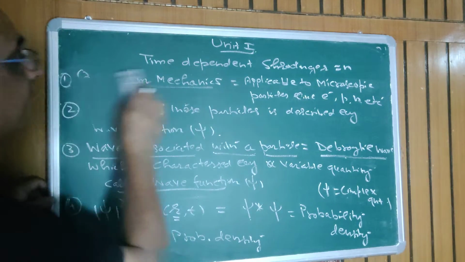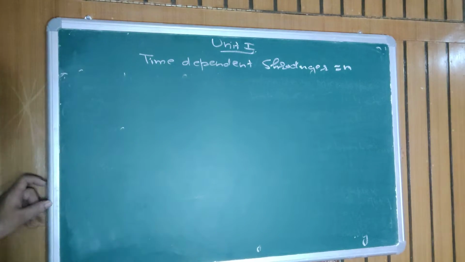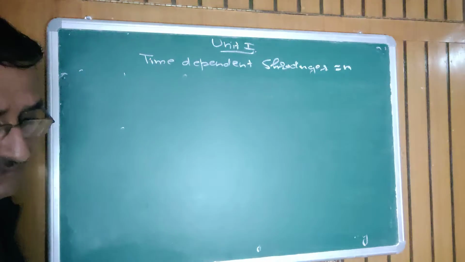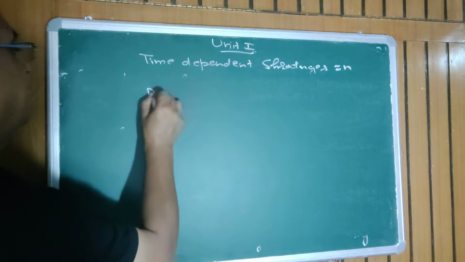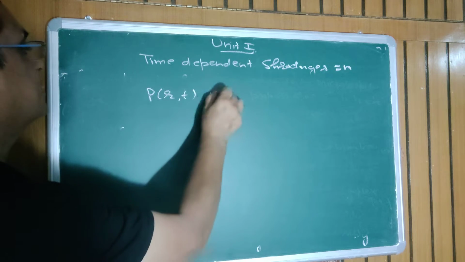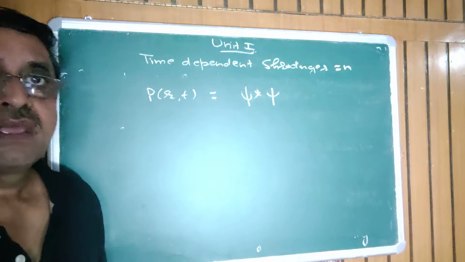What do you mean by the normalization of wave function? Normalization of wave function का मतलब ये होता है कि we write it as such कि P(r,t), that probability density. If I write P(r,t), we had written this is psi star psi.